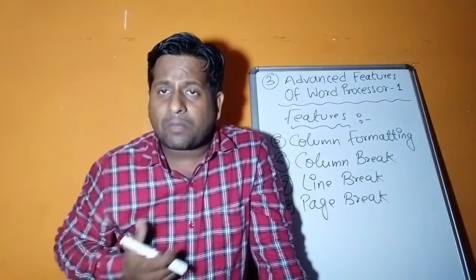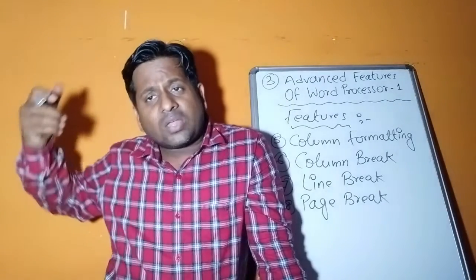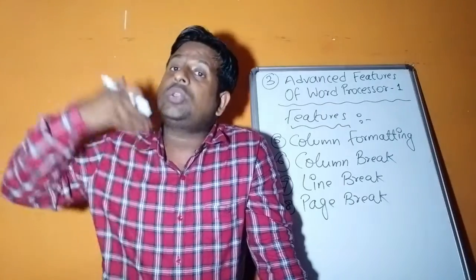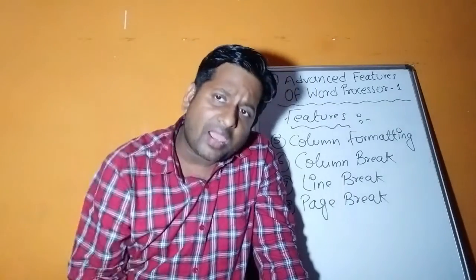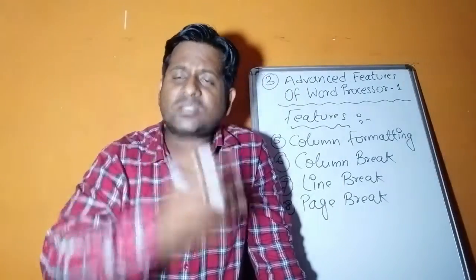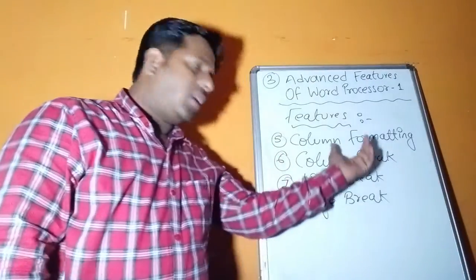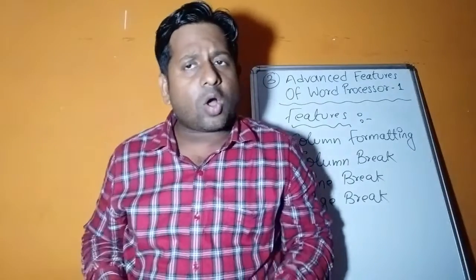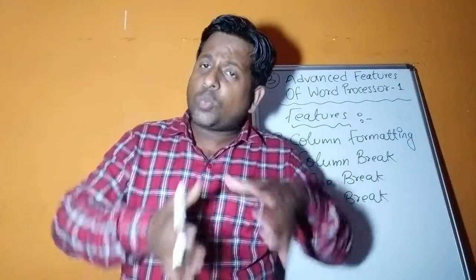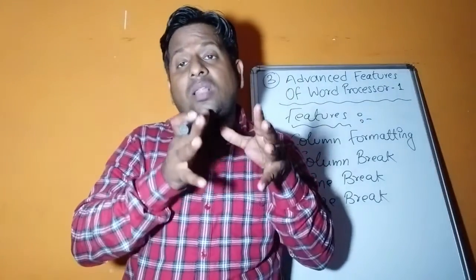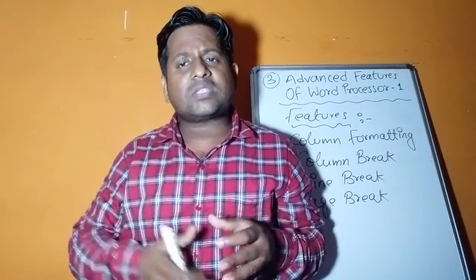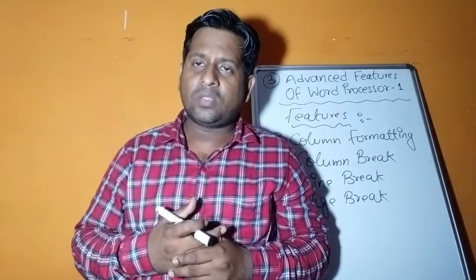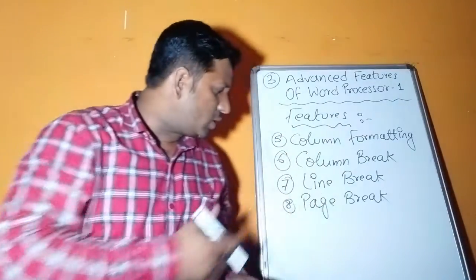So the break feature shifts the text after the cursor to the next column, line, or page. Those are the features. And column formatting, as I've already said, divides the page into multiple columns, and those columns act as a single interface where we can place text and images.